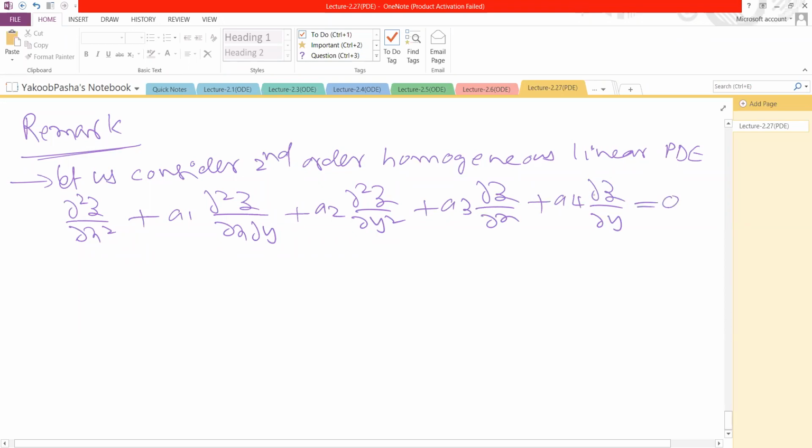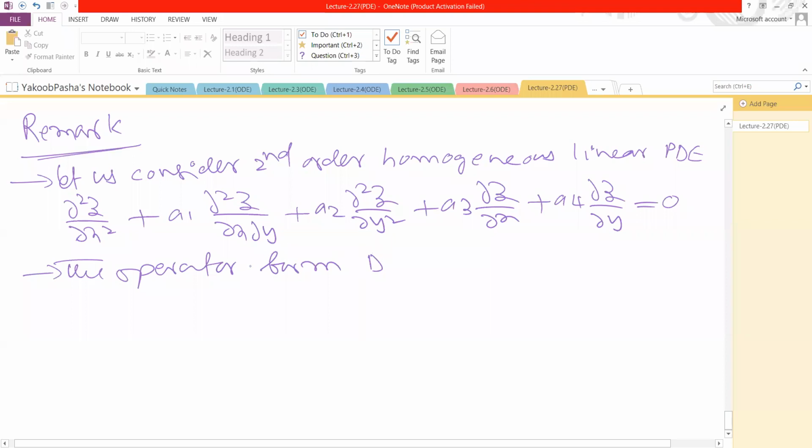Homogeneous means it is 0. Okay. So the differential operator form, just I am writing the operator form. As we know, D equals dou by dou x and D dash equals dou by dou y.